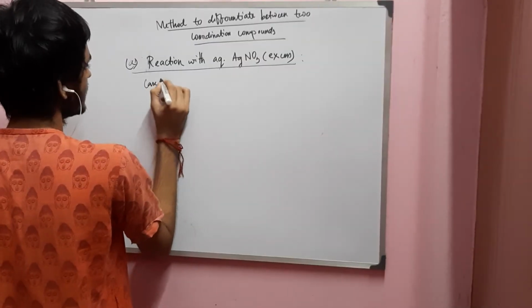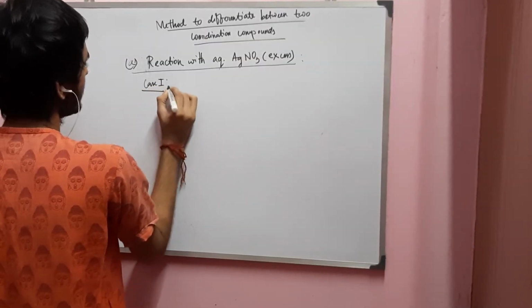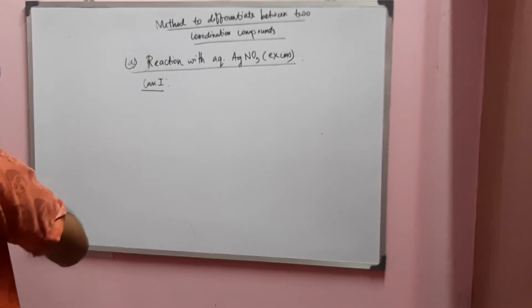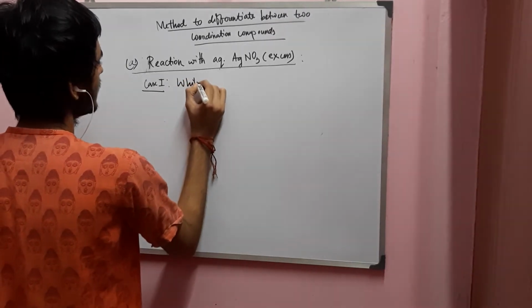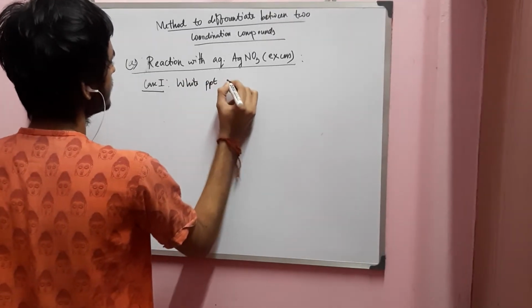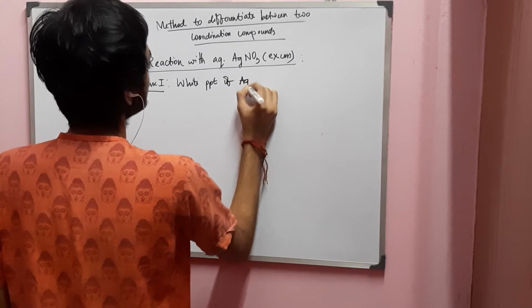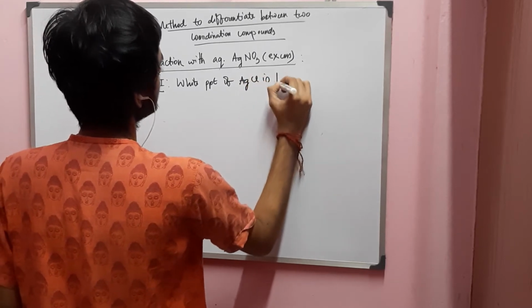We are considering case 1, that after the reaction, let's say a white precipitate of AgCl is formed.